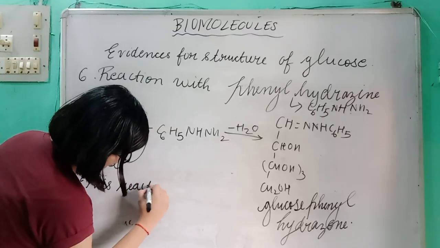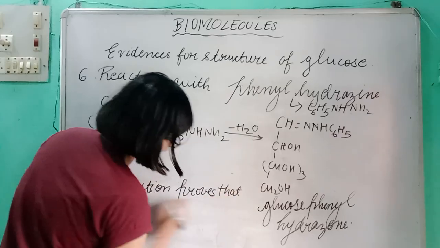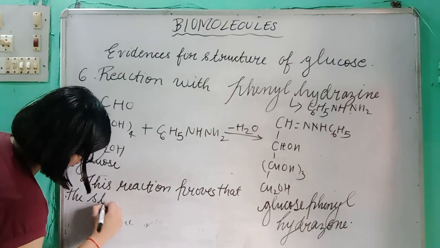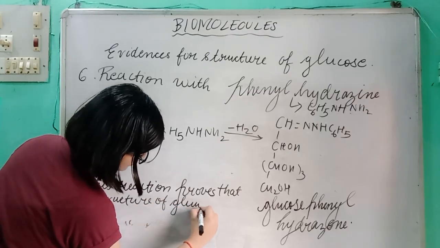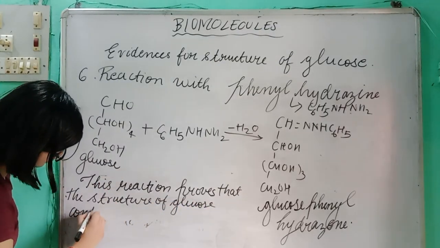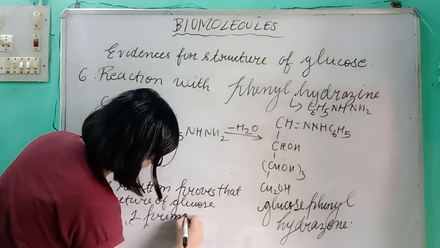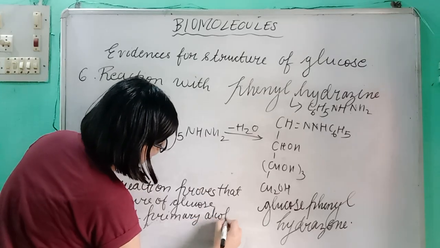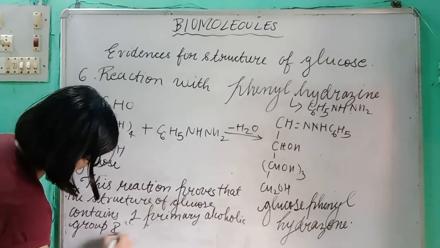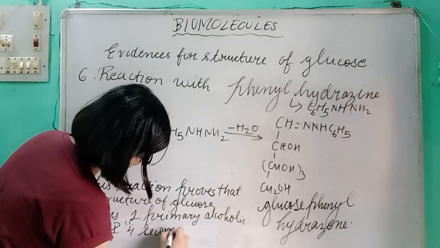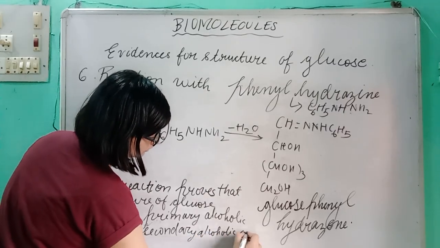This reaction proves that the structure of glucose contains one primary alcoholic group and 4 secondary alcoholic groups.